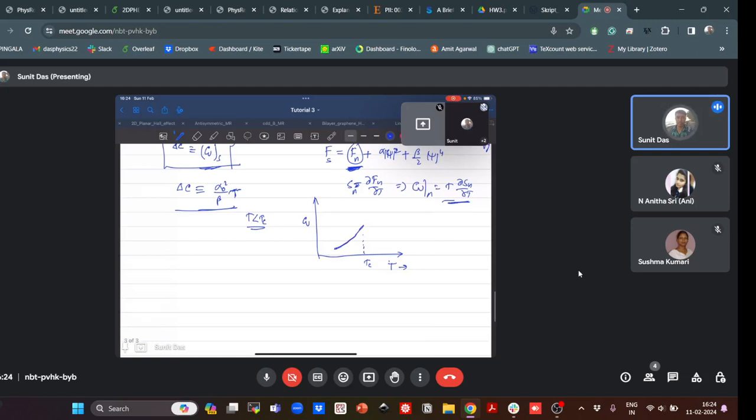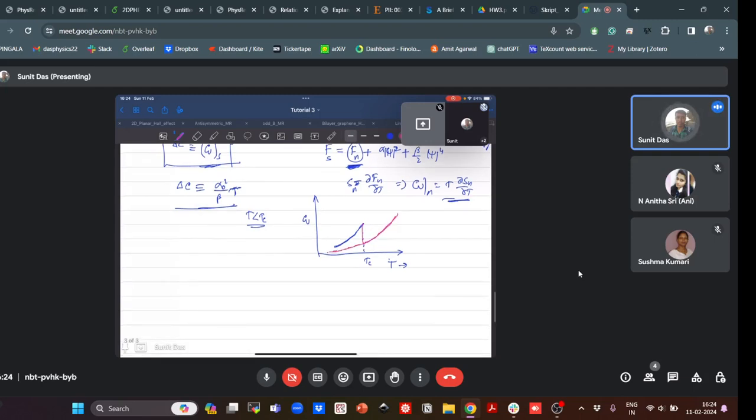Let's say above Tc there will be a similar feature like this and then this, right? So for the normal state this will go up like this, but for superconductivity there will be a jump or discontinuity of this amount. So the Landau theory doesn't really tell anything about this part, okay?